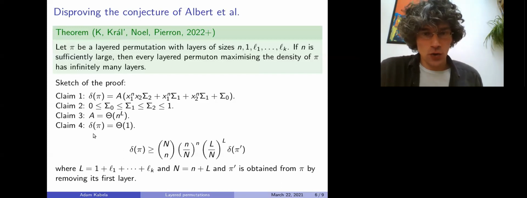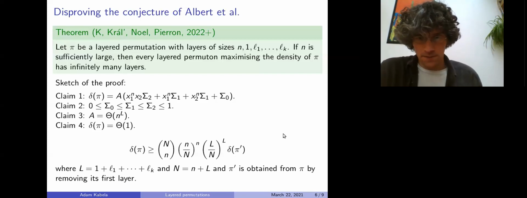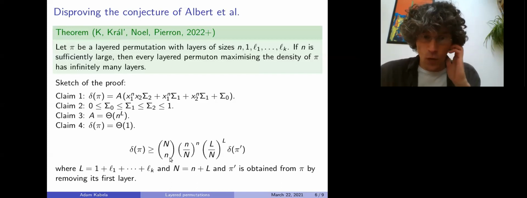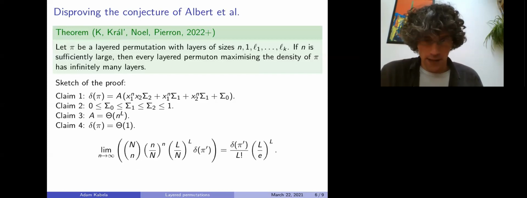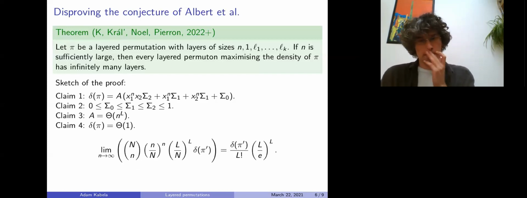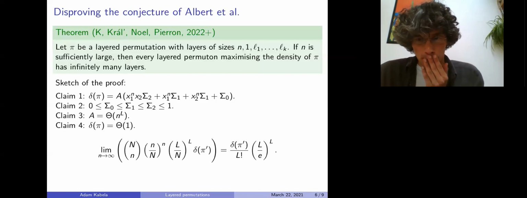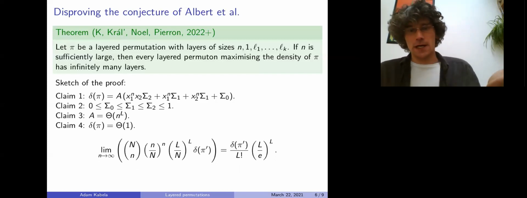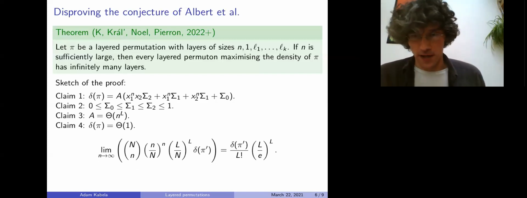Recall that we'd like to show that packing density of pi does not go to 0. So to do that, we simply consider the right-hand side of the inequality and see what happens as n goes to infinity. And we know that as n goes to infinity, this goes to a finite constant like that.